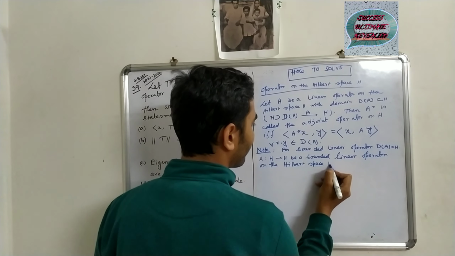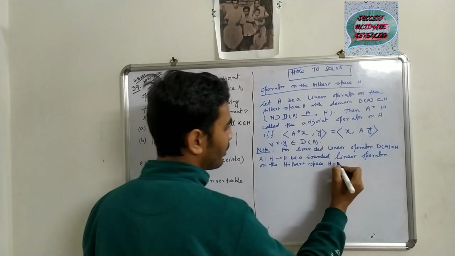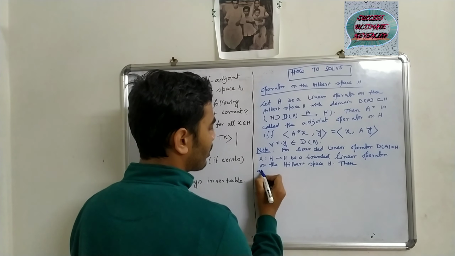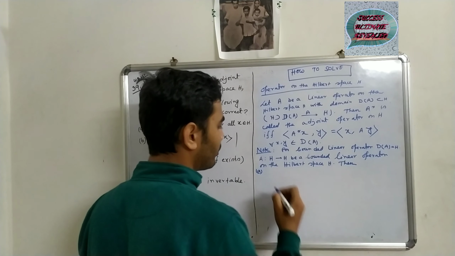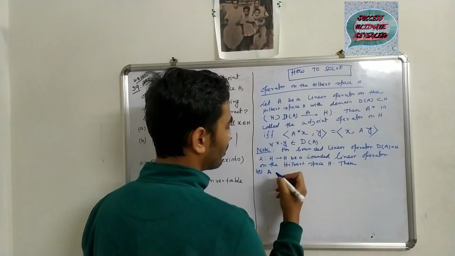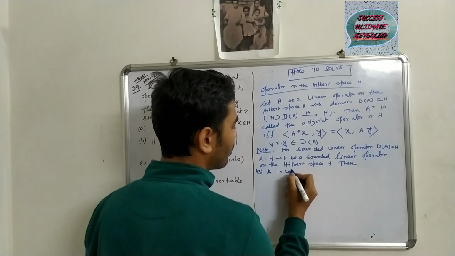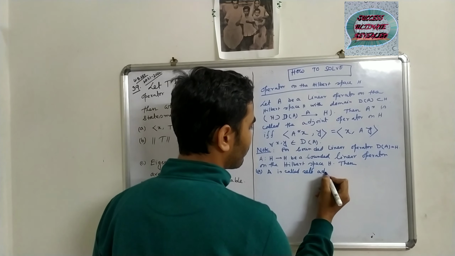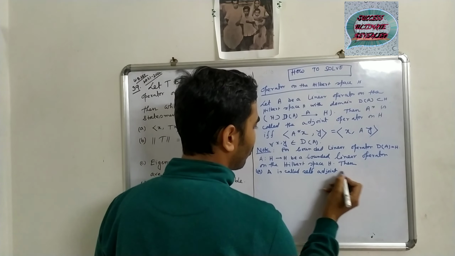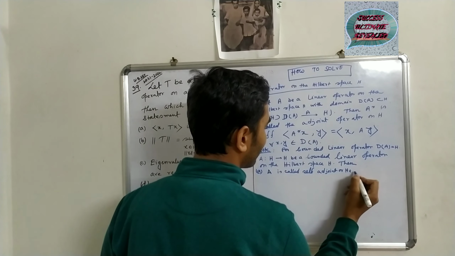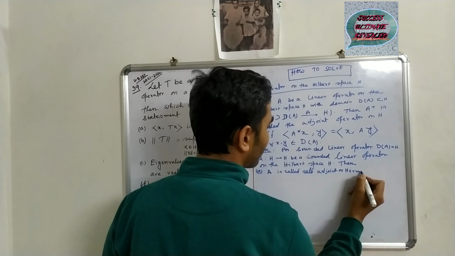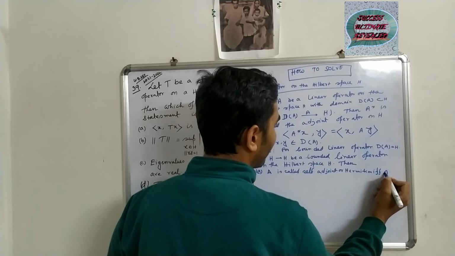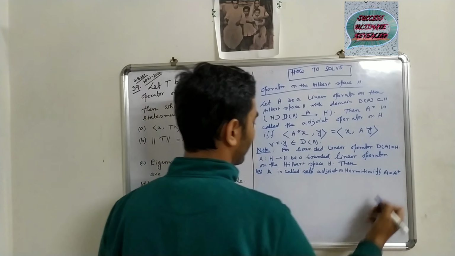Then number 1, A is called self-adjoint or Hermitian if and only if A equals A star.